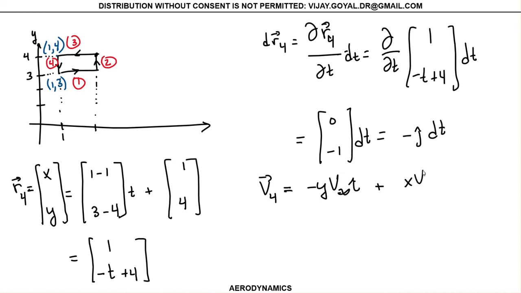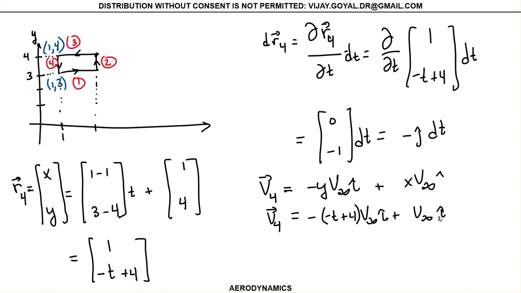And this v4 will be nothing else than, this is my y, so it's minus t plus 4 v infinite i plus x will be 1, so just v infinite j. So what I want to do now is, oh, I'm so sorry.